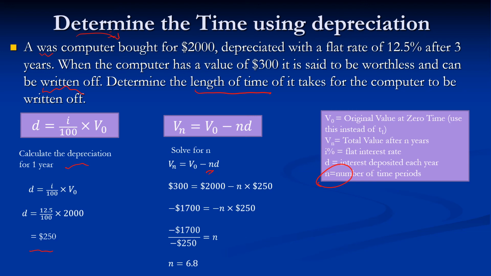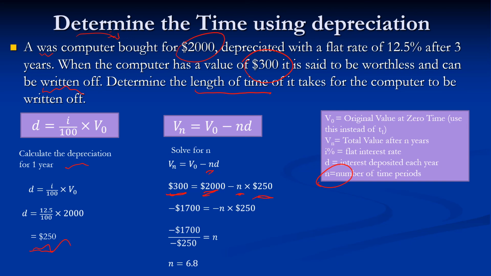So what I've done here is just substituted in $300. That's the value after that number of years, and that number of years is unknown. Here's our original value, and then we know that the amount depreciated each year is $250.